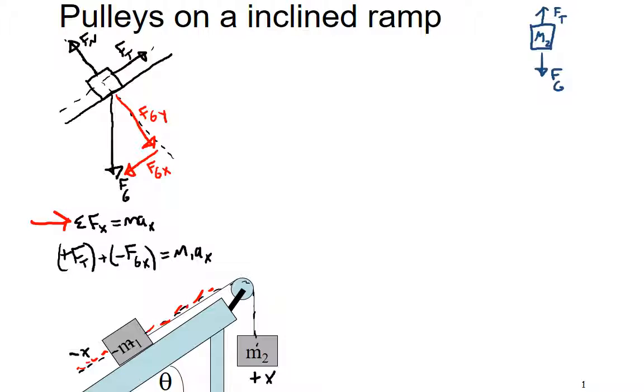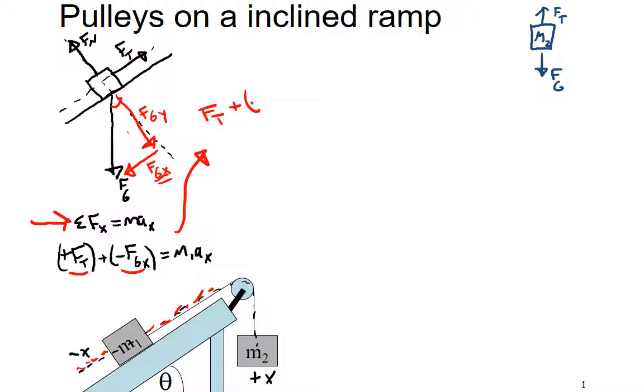And we have the positive force of tension plus the negative force of gravity in the x equals m1 a in the x. So in this case, what we're going to have to do is we continue this. We have the force of tension plus, how do we get force of gravity in the x? That is the opposite side, right, of this, whatever angle this is.